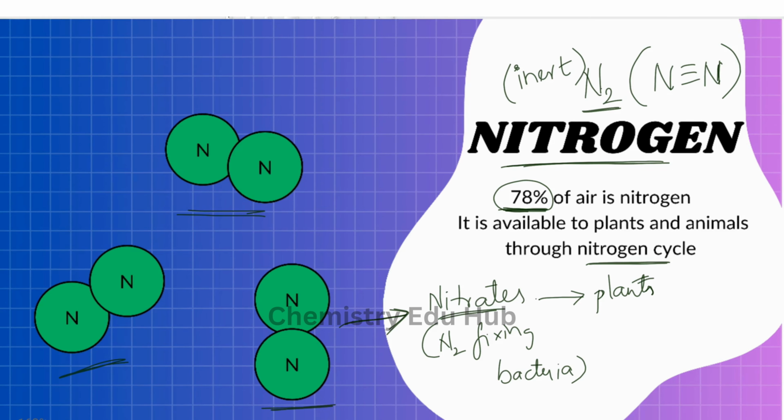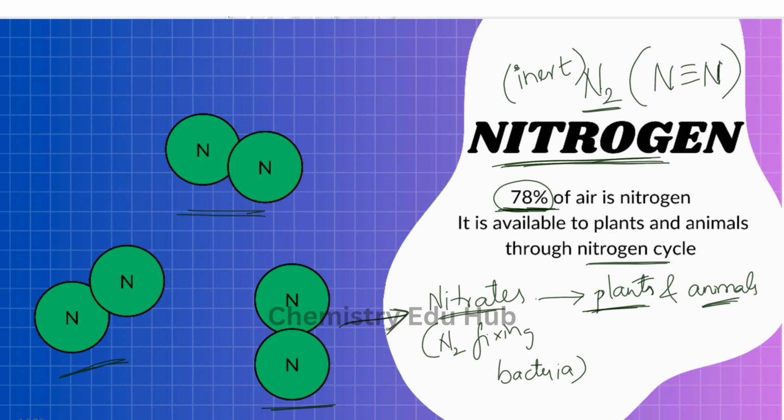So this way, nitrogen that is available in the atmosphere can be used by plants and animals through the nitrogen cycle. It converts from nitrogen to nitrates. Again, plants use the nitrogen, and animals use it for amino acid and protein preparation, and it again converts into nitrogen and goes back into the air.